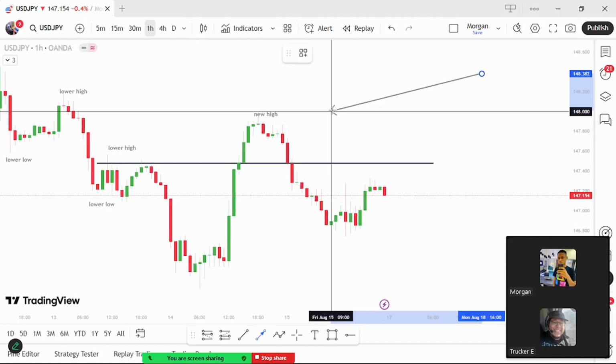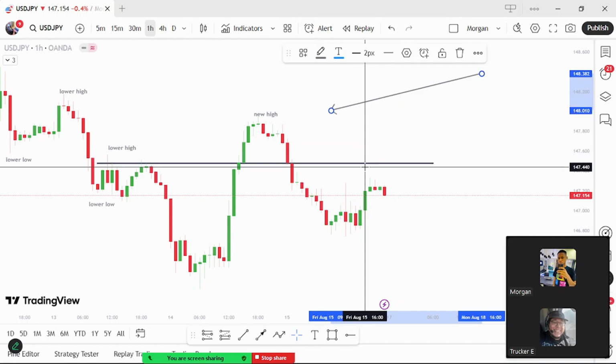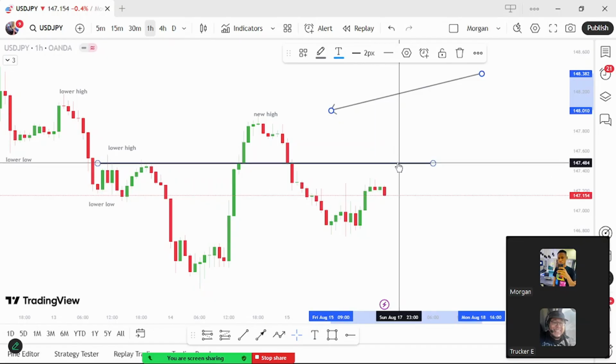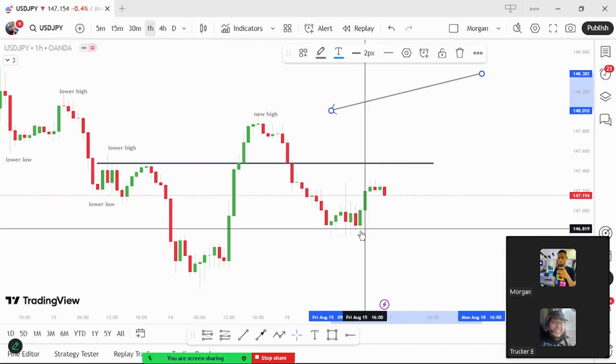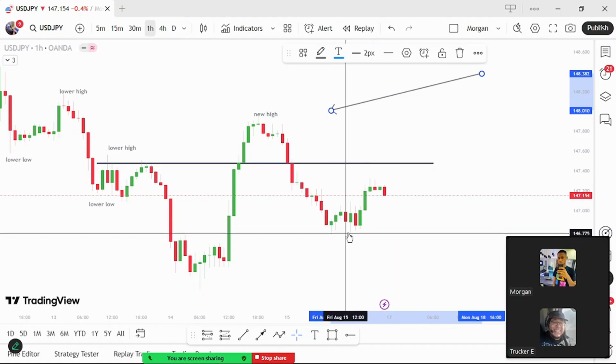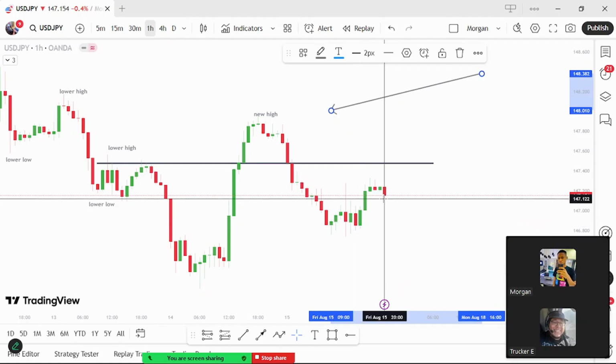Until that high gets broken, that correction to continuation isn't technically a new low. Until price gets above this level, that is when you can now say, okay, I think this should be the lowest price can go. Do you understand?